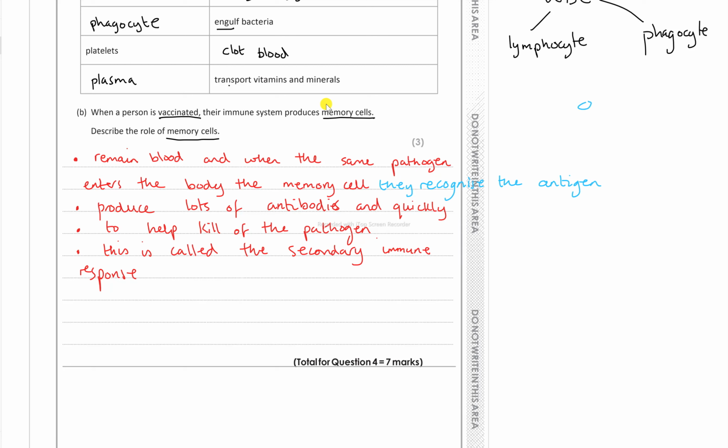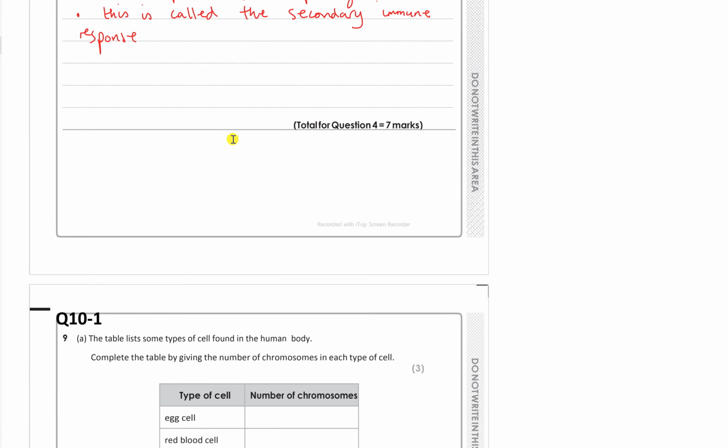So remember what we said, there's a pathogen. It's got a little marker on it, and that marker is called the antigen. And the memory cell, a lymphocyte, produces something called an antibody. There you go. Right, let's move on.